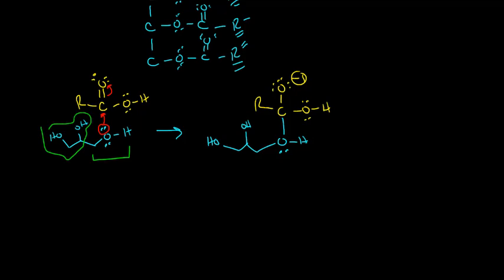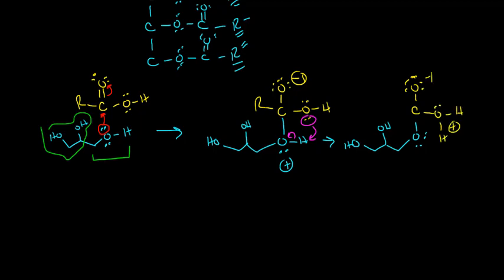You may remember that in the next step, what we need to do is switch the position of this positive charge. So we have the lone pair on this oxygen reaching out, grabbing this proton, and pushing the electrons over to the oxygen. Again, we're left with the main chain of our glycerol. This oxygen now has 2 lone pairs. We're still linked up with our carboxylic acid, but now this oxygen has the positive charge.